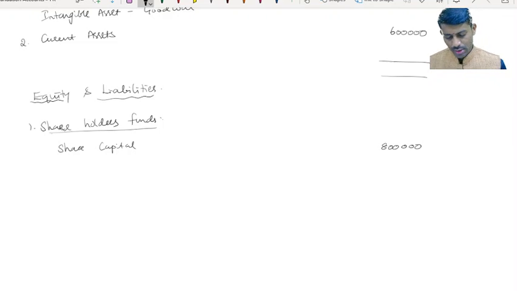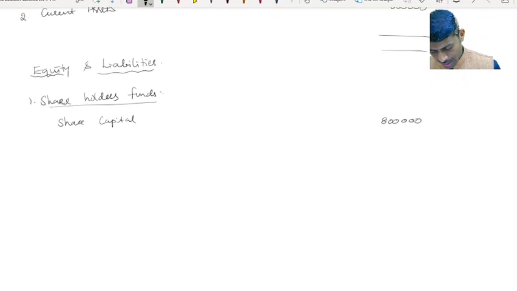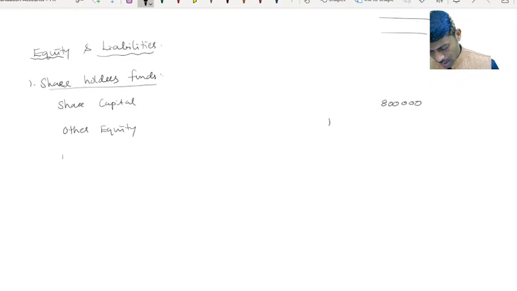If it's a full-fledged problem when we solve, at that time you have to write opening capital, changes nil and closing balance, that split. So share capital. Next, other equity, note 1. Then non-controlling interest, working note number 5, 80,000.